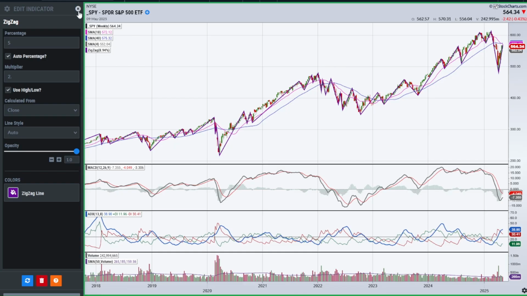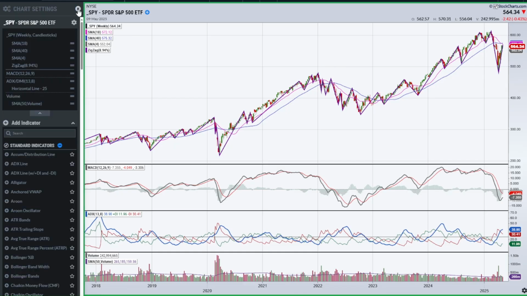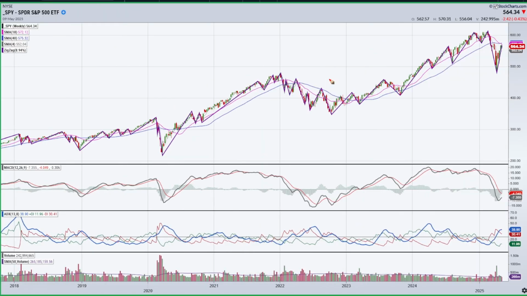Whenever you use a zigzag, what you're really trying to accomplish is this: if you were to draw an up move yourself, you essentially want to overlay your opinion of where the key swings are, right? If I do that with this zigzag, it's basically mimicking exactly what I would do.